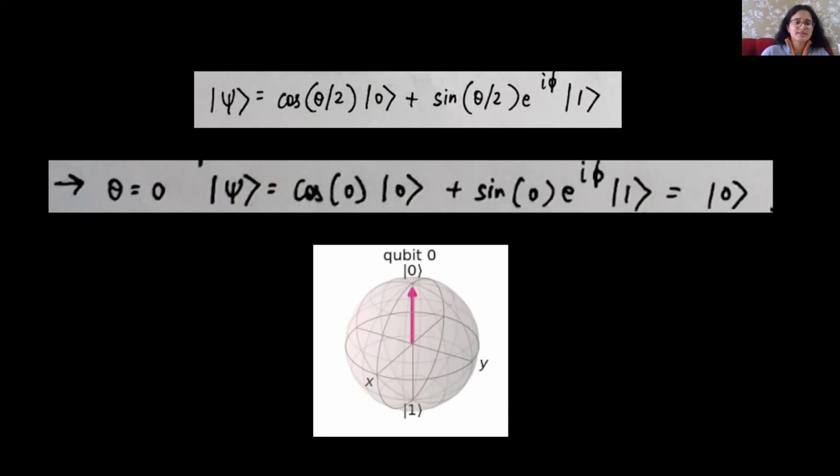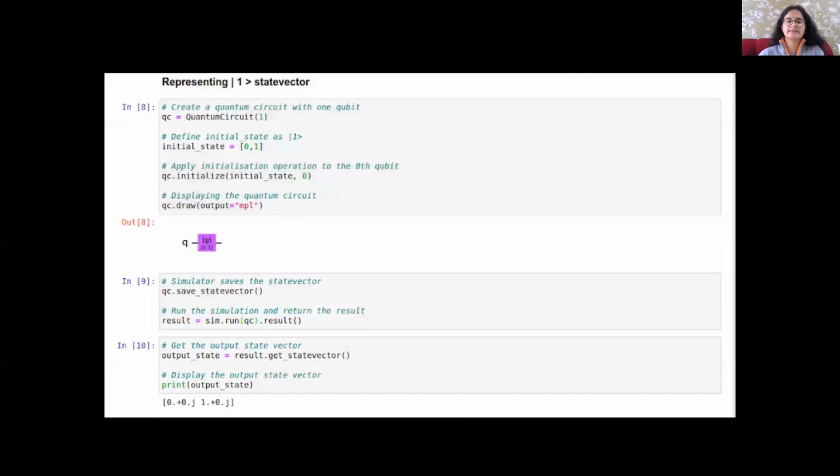Just like this, we can represent many other states following the same code. Let's look at one more example, representing ket 1. Again, we initialize a quantum circuit with one qubit. Previously, we used a quantum register as well, but because we're making a circuit out of only one qubit, we can directly ask the quantum circuit to make a circuit with just one qubit.